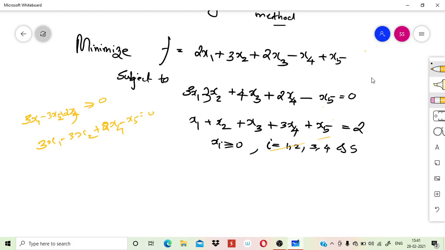Okay, if it is not, initially you will approach the entire problem as a simplex method problem, so that you will get this system of equations other than inequality expressions.